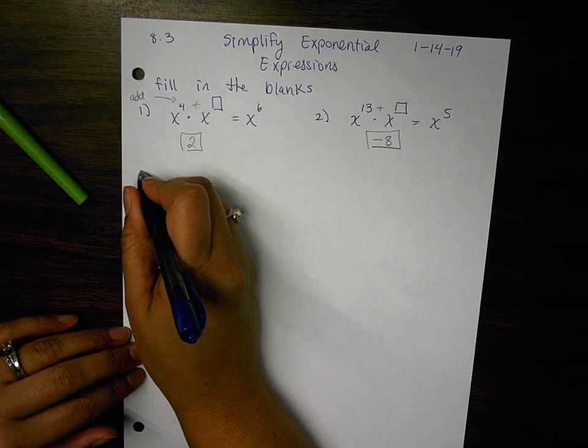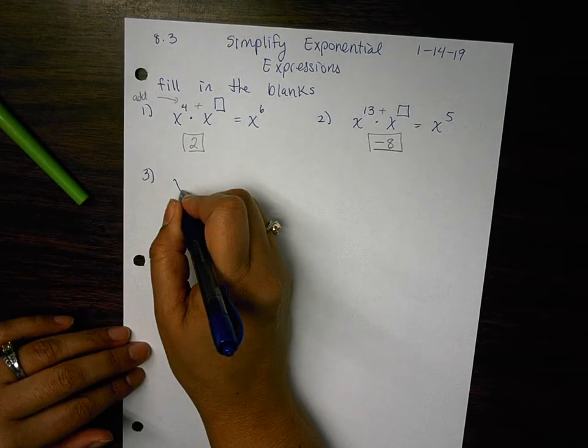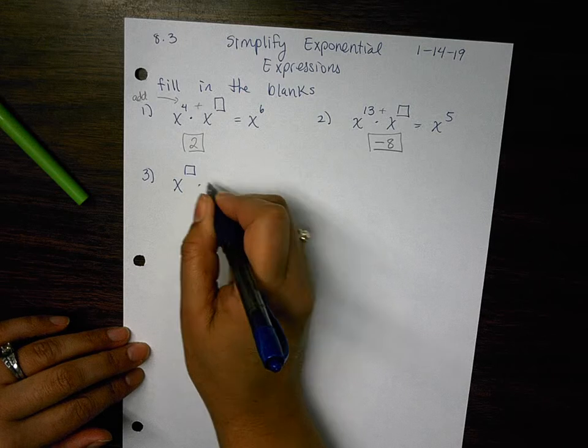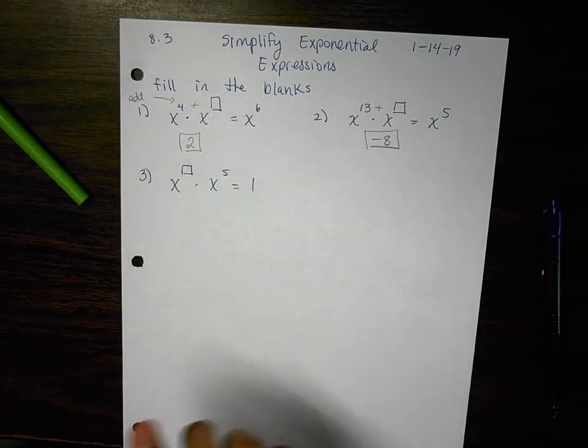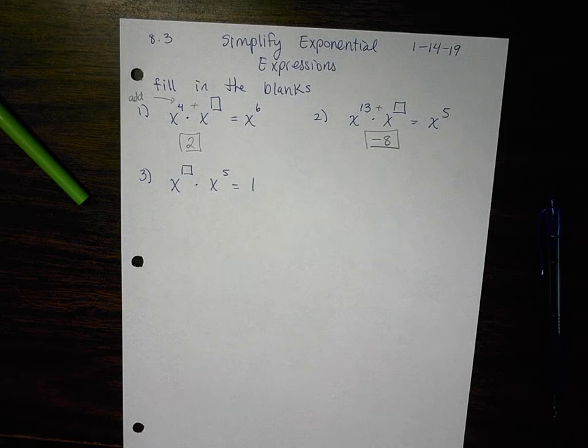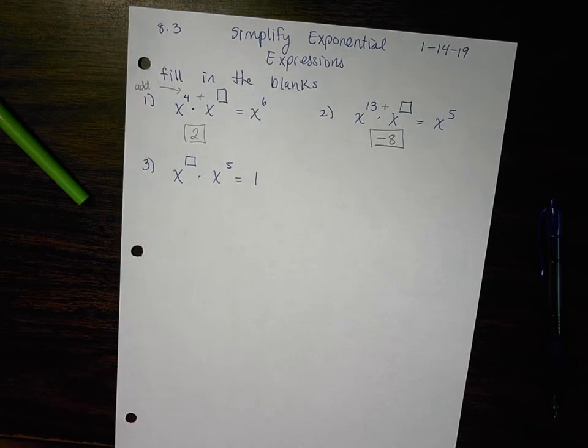Okay. Number 3, x to the blank times x to the 5th equals 1. Why don't you try it on your own?